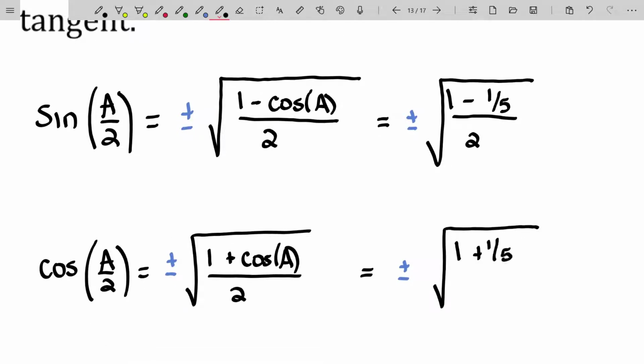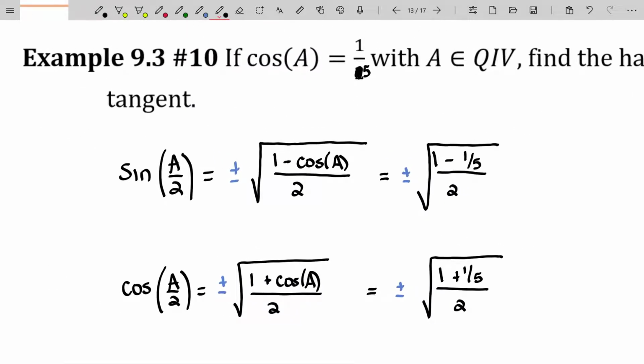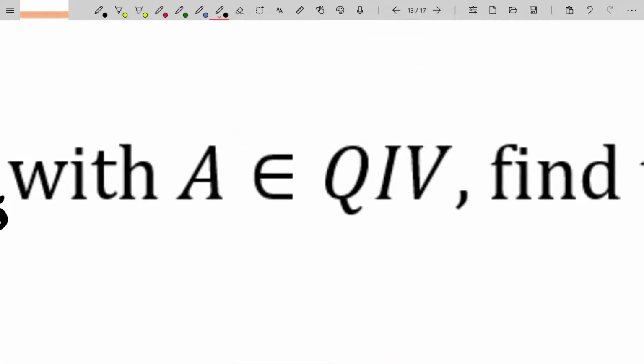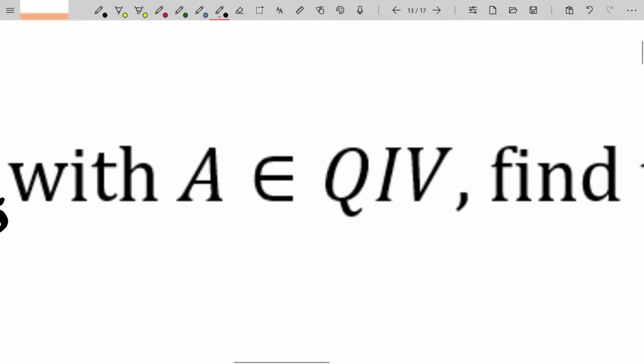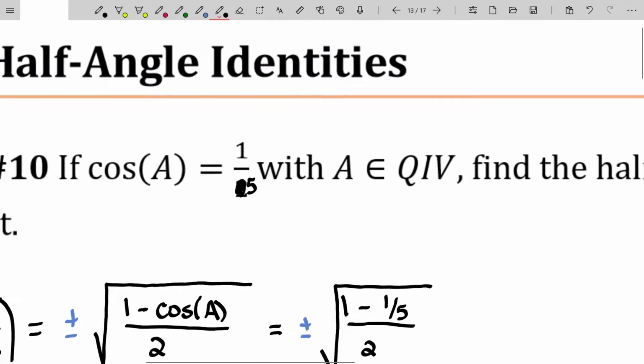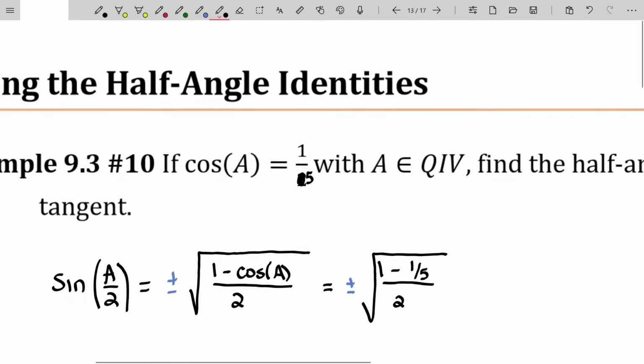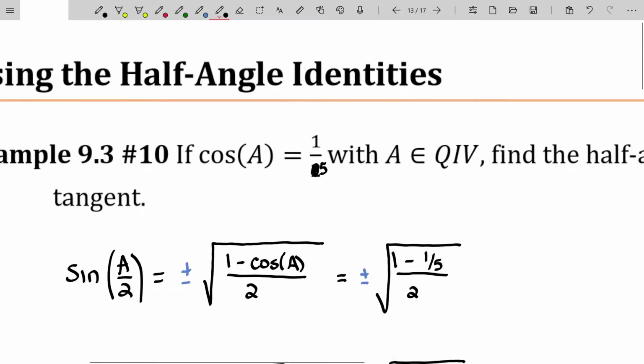It's almost done. However, the critical part for me and my courses that I teach is to note we need to find out where A over 2 terminates, not where A terminates. They told me the cosine of A is 1/5, but they told me A terminates in quadrant 4.